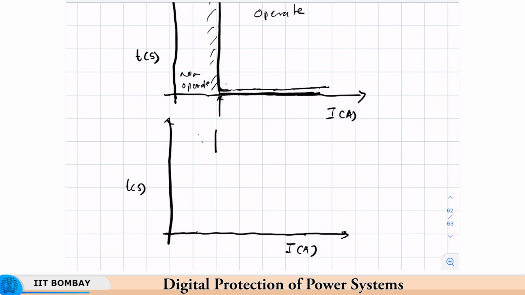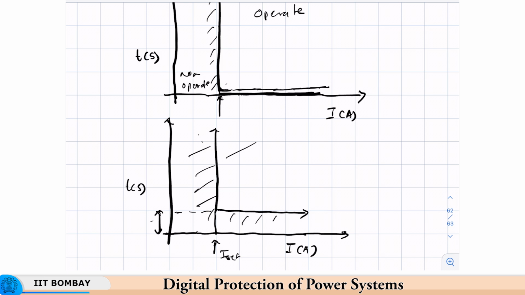There is a time delay which can be programmed or set. This is the current setting. This is the non-operate region, and this is the operate region.